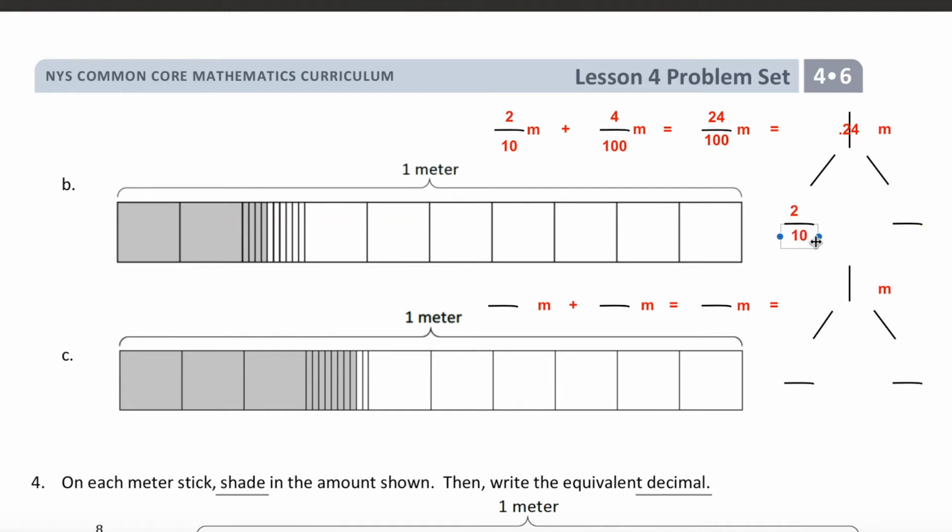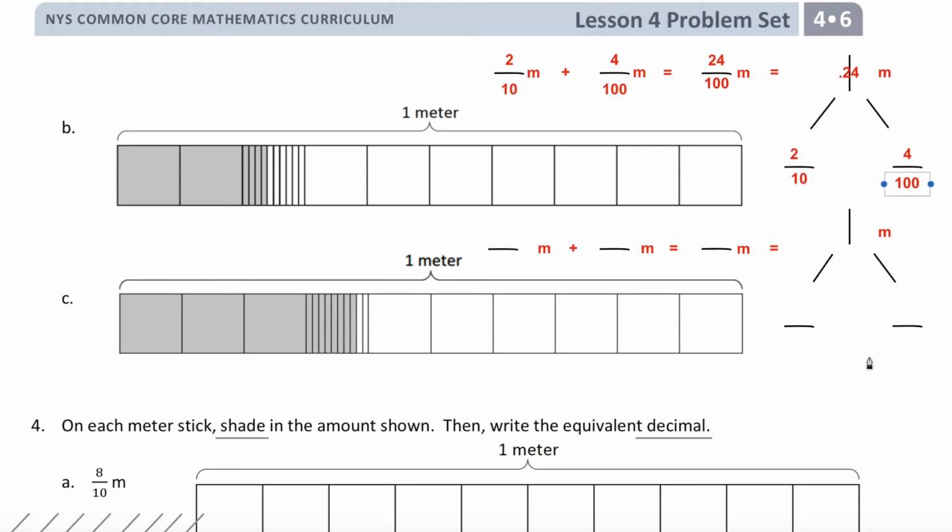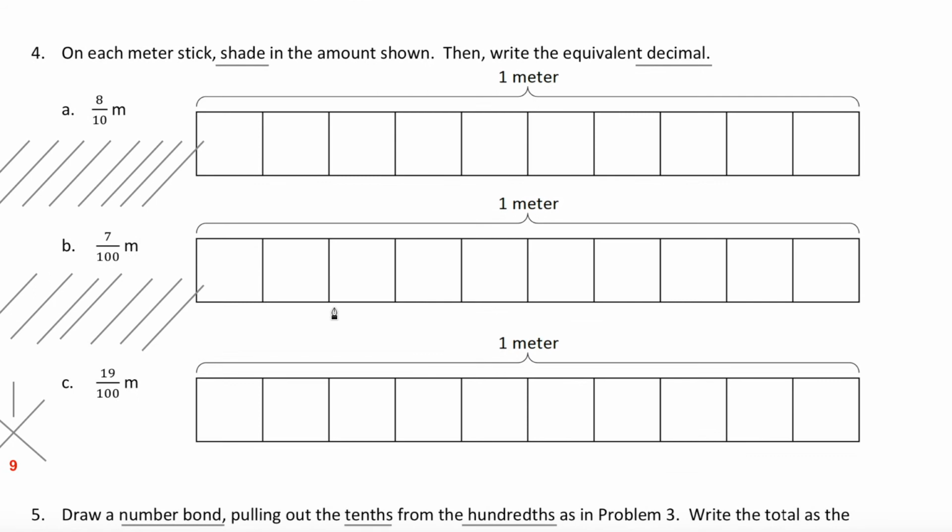Okay? And then if you count this side, it's the 4/100. And that is it. So what you're going to do is the same thing here using these shaded parts.